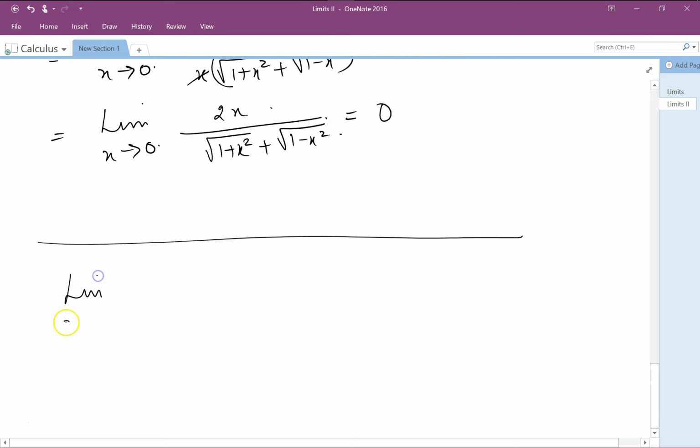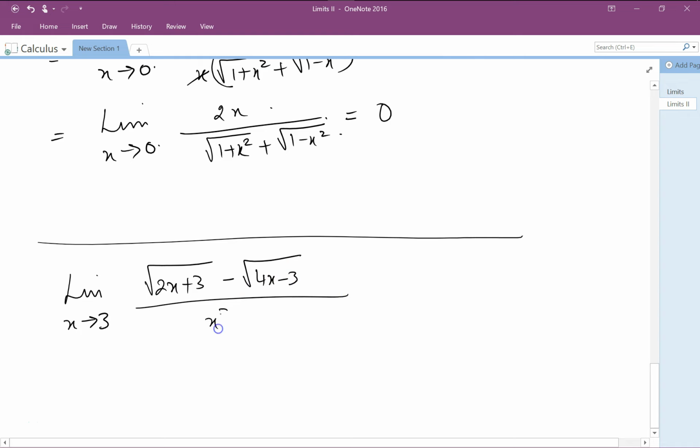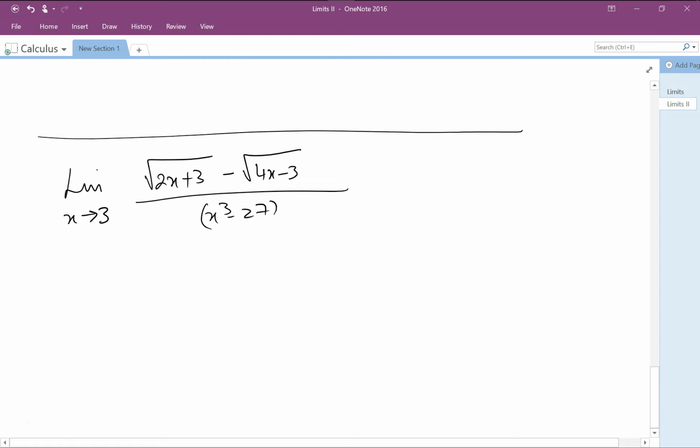Limit as x approaches 3 of square root of 2x plus 3 minus square root of 4x minus 3, divided by x cube minus 27. Okay, so we know what to do.